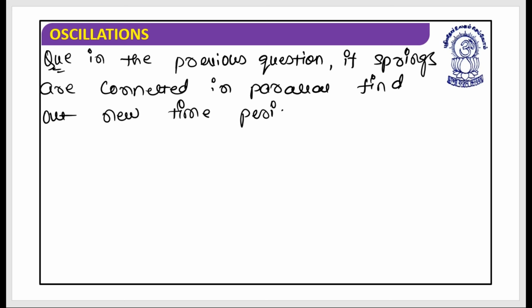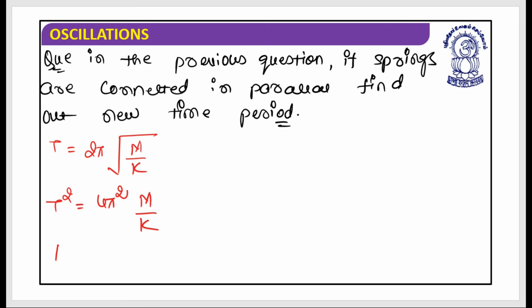If these springs are connected in parallel and you need to find the new time period, what should be done? What I have is T equals 2 pi root of m by k, and from this, T square equals 4 pi square m by k, and from this, k equals 4 pi square m divided by T square.